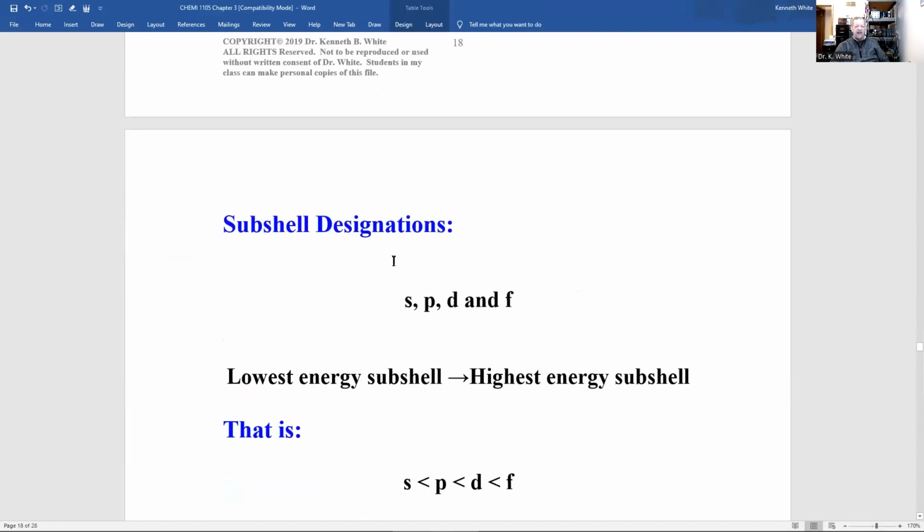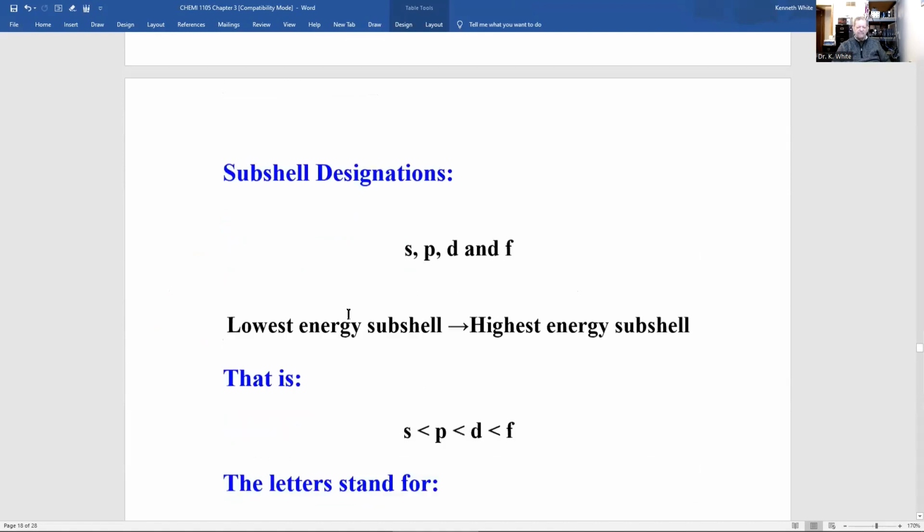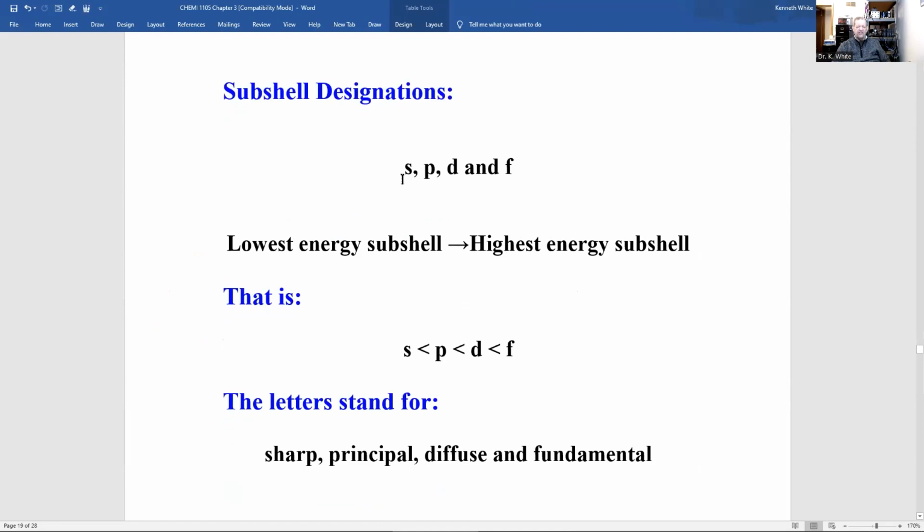Now, the subshells have letter designations S, P, D, and F. And S is the lowest energy, F is the highest. It goes increasing energy. Another way of saying it is this.